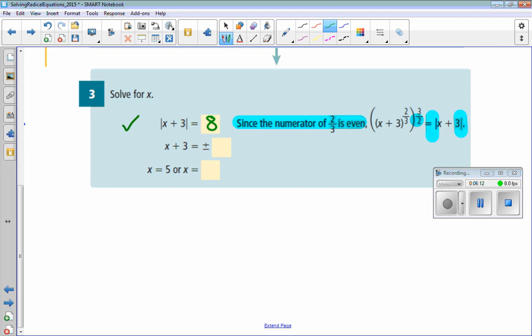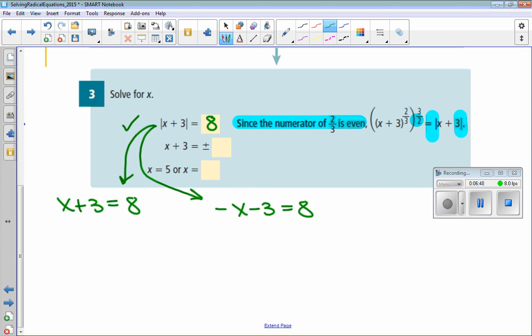Now, if you remember back in the first week of school, when we did absolute value equations, don't you have 2 possible answers? We have the equation that you think it is, and then everything inside the absolute value is different. When you have an absolute value equation, you have 2 possibilities for an answer. So we go from here to these 2 possibilities.